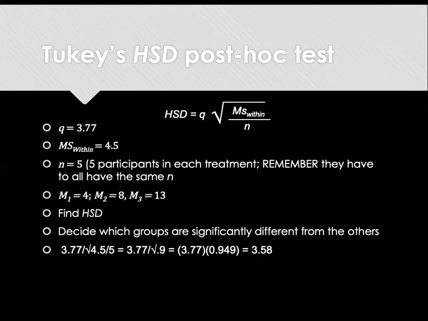MS within from our ANOVA table is 4.5, and N equals 5. 5 participants in each treatment. Remember, they have to all have the same N. So we're going to plug values into the Tukey HSD formula to find which groups are significantly different from the others.